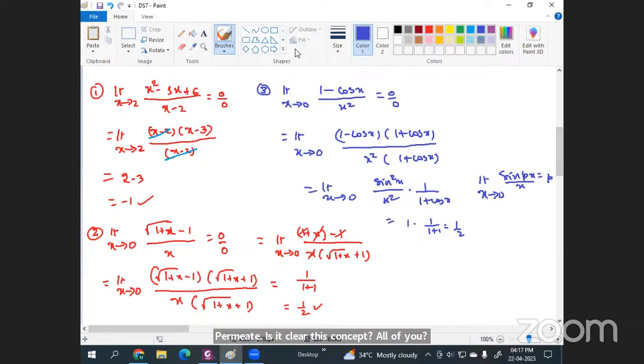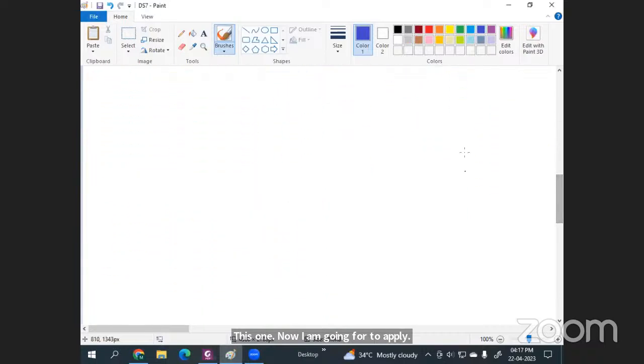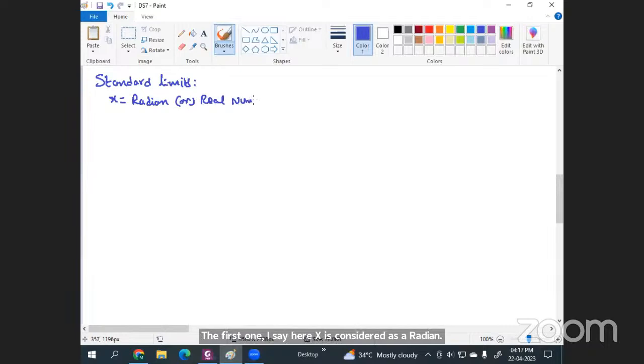Now I am going to apply standard limits. Now I am going for the standard limits concept. The formula: the first one is here x is considered as a radian or real number. What is the notation for x? Radian or the real number.